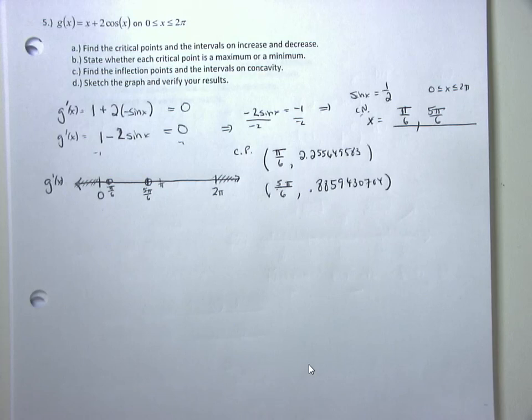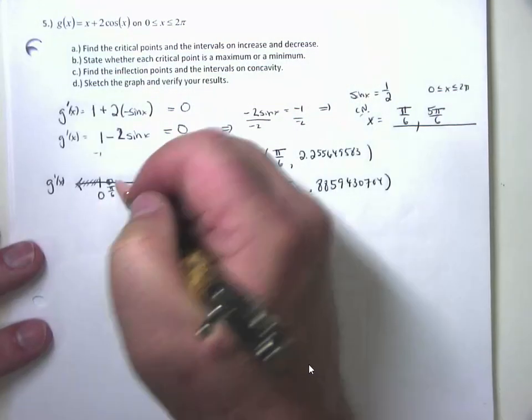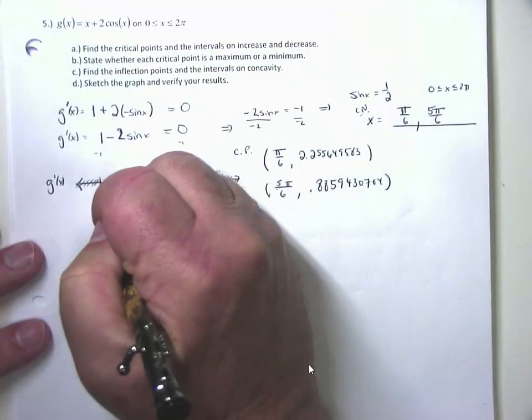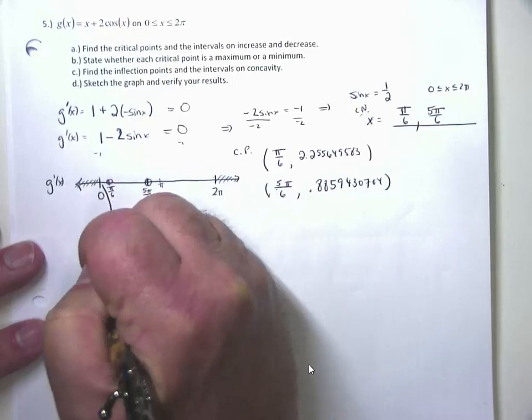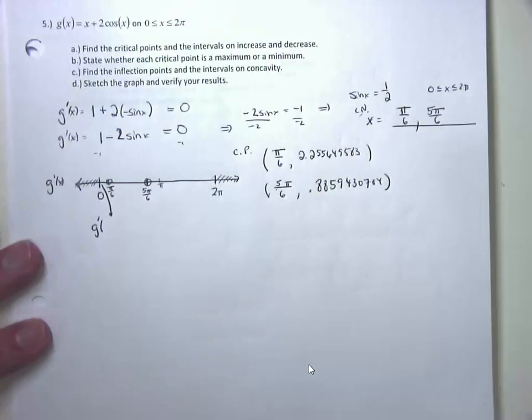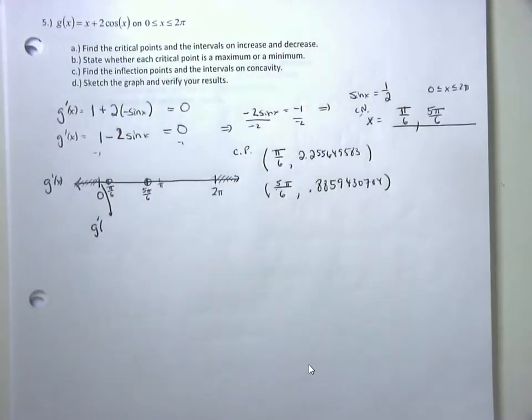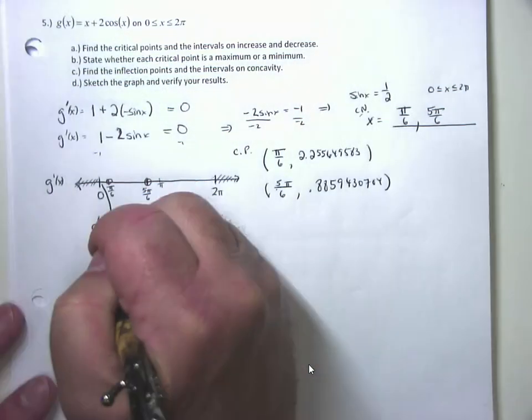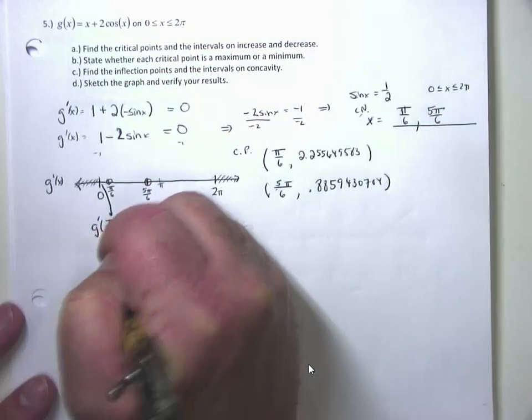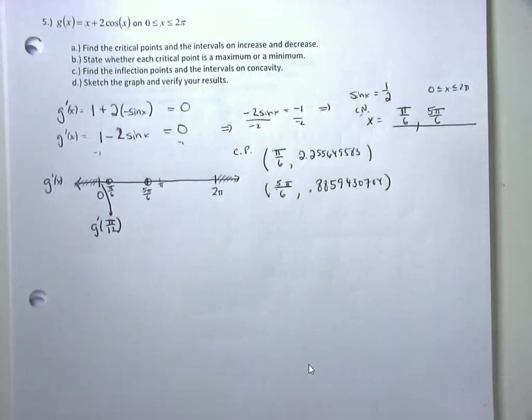So, pick a number between 0 and pi over 6 and plug it into your first derivative. What's a number right dead between 0 and pi over 6? Well, half it. What's half of 6? 12ths. I know it's not a unit circle number, but that's all right, I've got calculators. We're going to try pi over 12, which is right between 0 and pi over 6. I just divided it by 2.